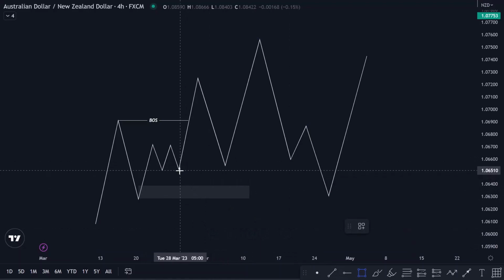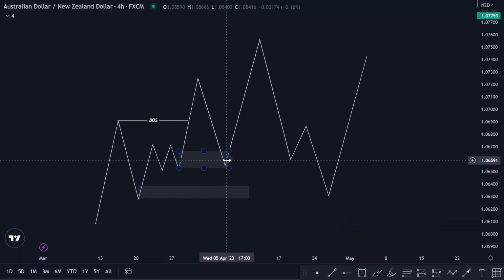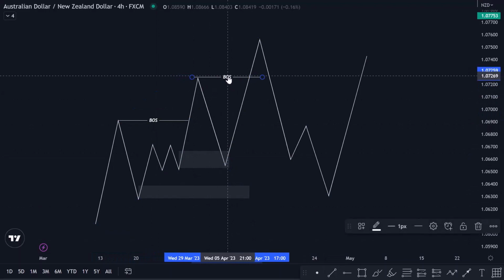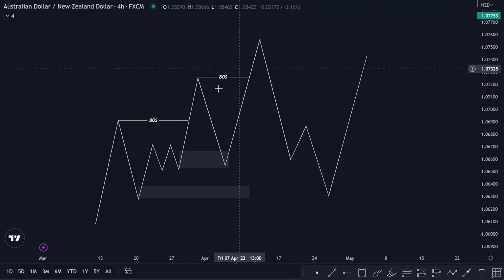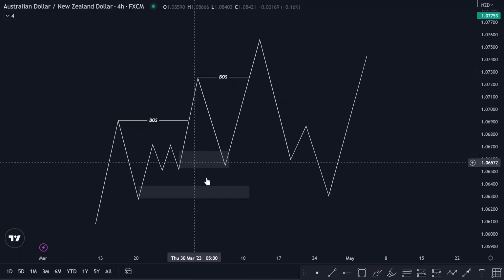So now you can see that price respected this area and goes up again to create another breakout structure. So see another breakout structure here. At this time, where is our valid order block? Should be this one, right?